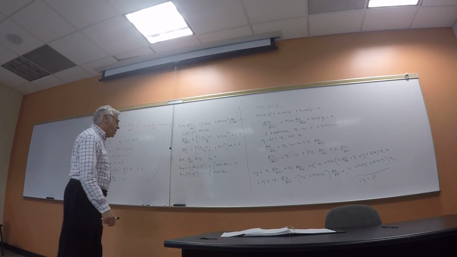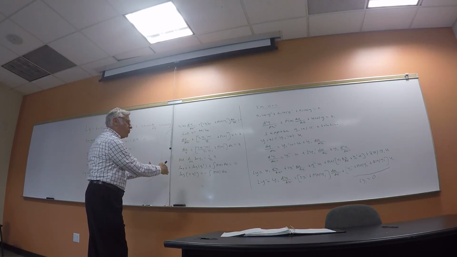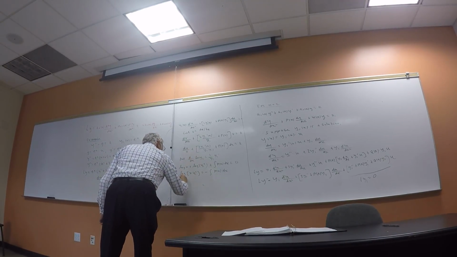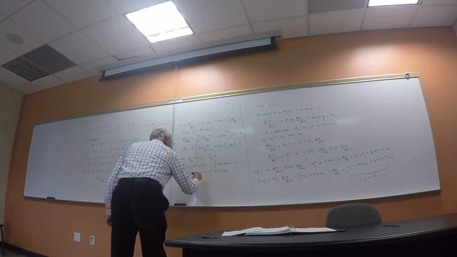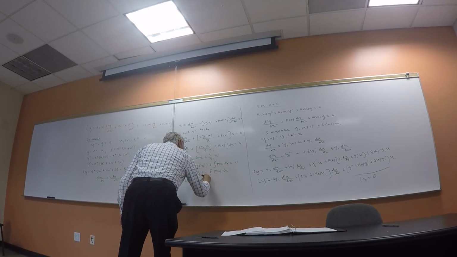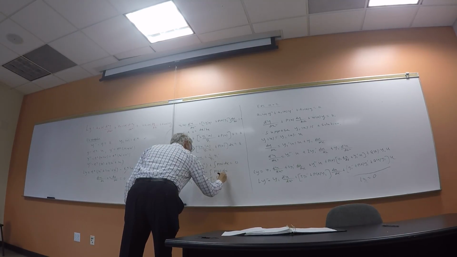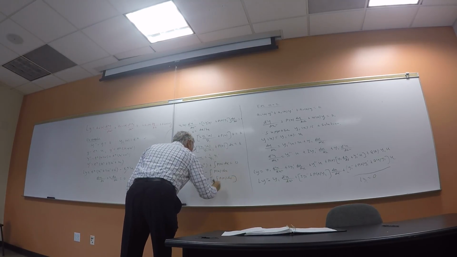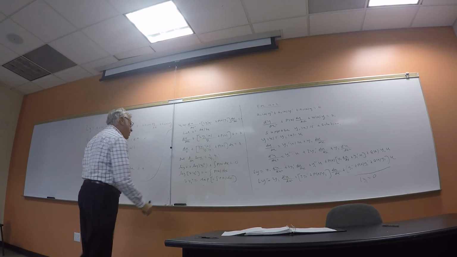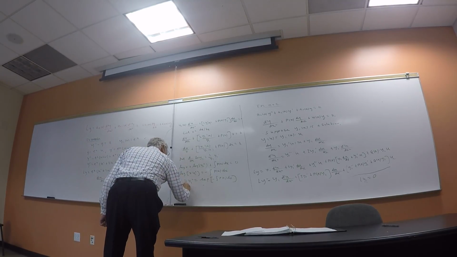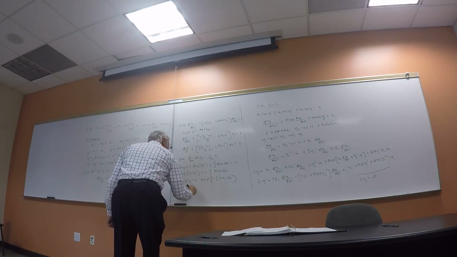Okay, let's go one more step. If the log of v y1 squared is equal to that, by the definition of logarithms, v y1 squared is simply the exponential of the right-hand side, minus the integral of p of x dx. Okay. And then finally, I can solve for v of x. Divide by y1 squared.